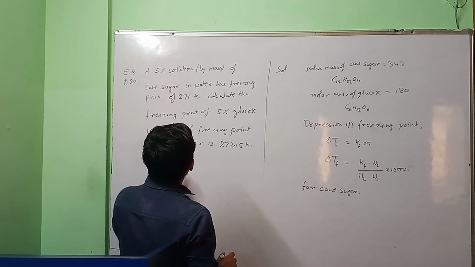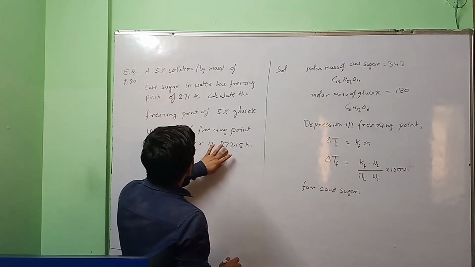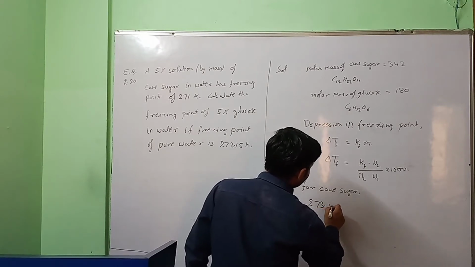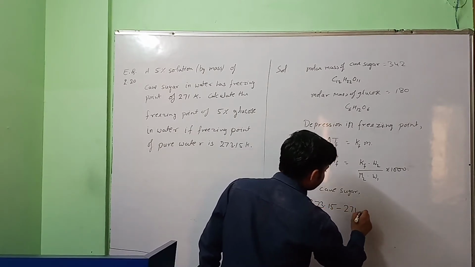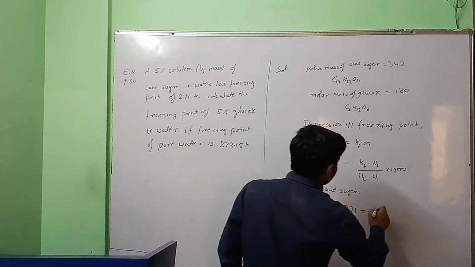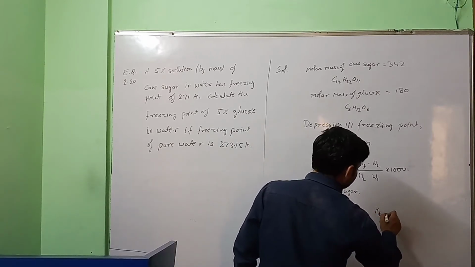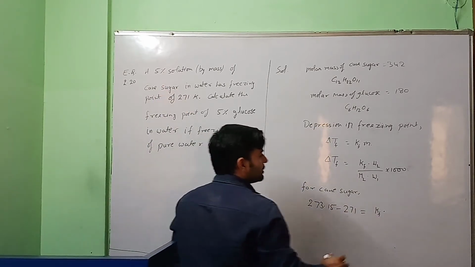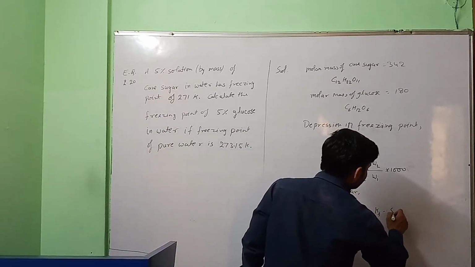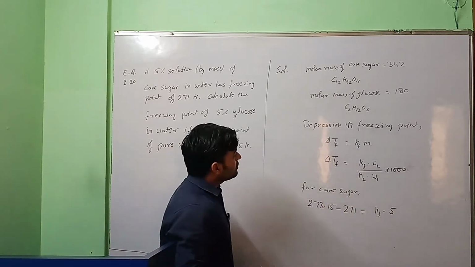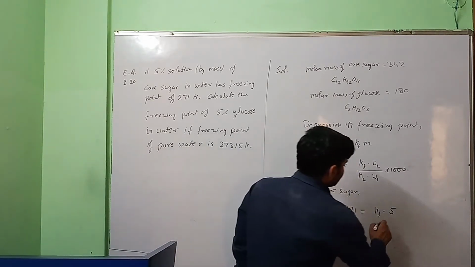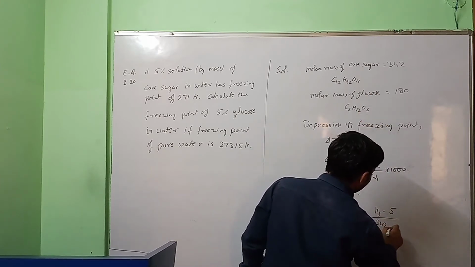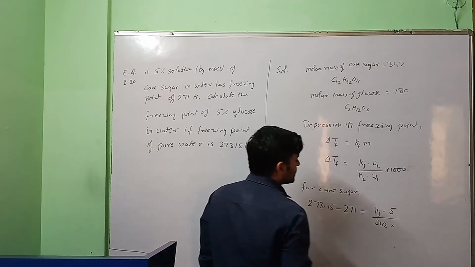So this is for cane sugar. For cane sugar, delta TF is 273.15 minus 271, equal to KF, which we don't know, into W2. So a 5% solution is given. If we suppose 100 gram of solution, then 5 will be the mass of cane sugar upon its molar mass, that is 342, into W1.